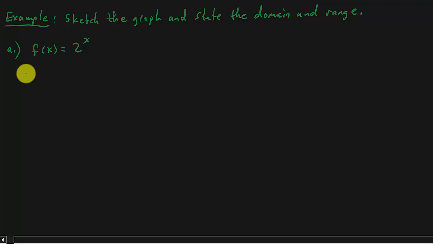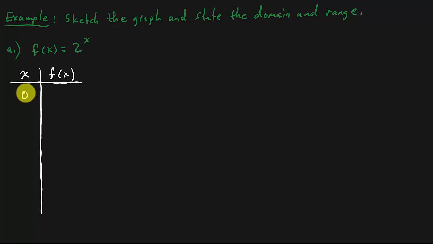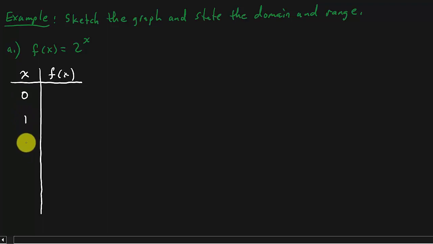All right, so let's make a table. I've got x and f of x, and you want to pick about 5 points. So 0 is going to be the first one. I always want to have an exponent of 0, and then I'm going to choose 1, 2, -1, -2.